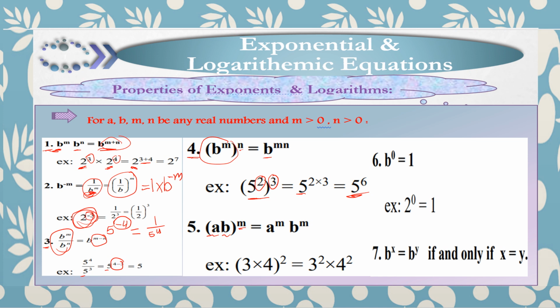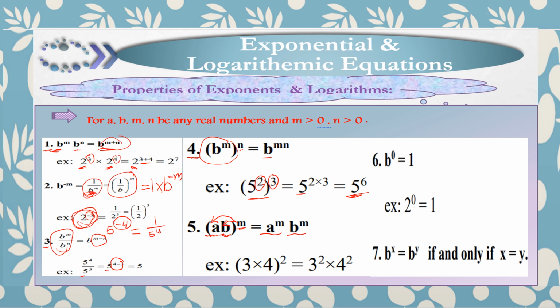In property number 5, we have different bases, a and b, but they have the same exponent, which is m. So in this property, we distribute the exponent over a and b: a power m times b power m.